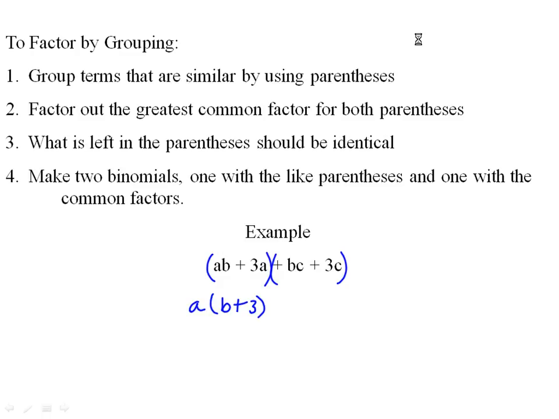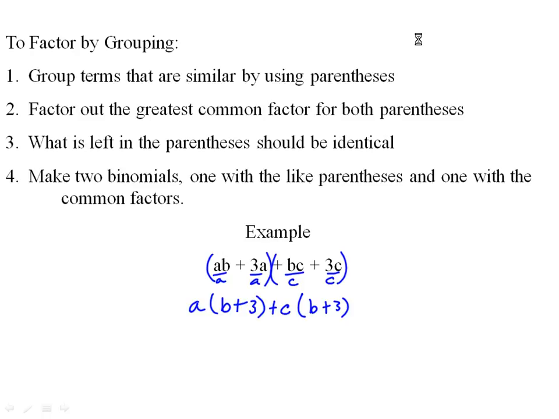So in that second group, what's in common? A positive C. So bring out that plus C. And I have a B plus 3 left over. Again, remember how to factor out a common factor. Here we'll factor out an A, which means you're dividing each term by A. Here we're going to factor out a C, so we're going to divide each term by C. Okay, that's all you're doing, what we just did.